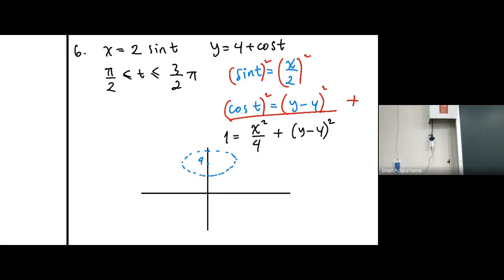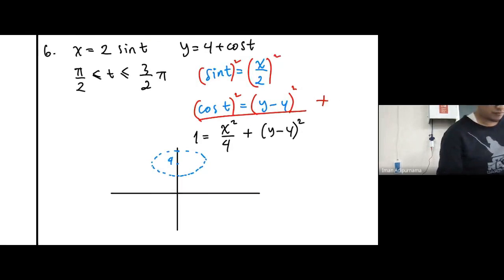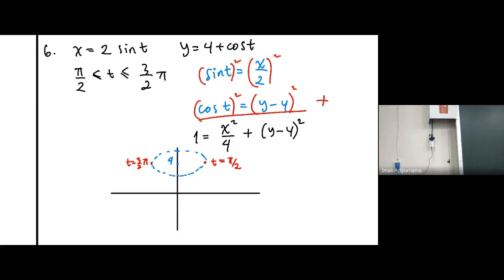The starting point is t equals pi over 2. And the endpoint is 3 over 2 pi, and it should be around here if you plug in the number. And if you want to make sure, you can check pi, and it will be here, on 0, 3.